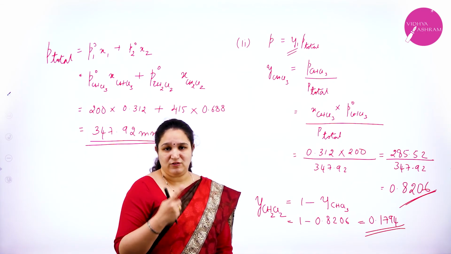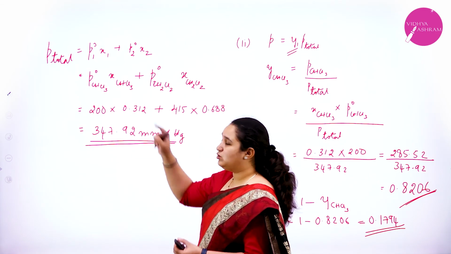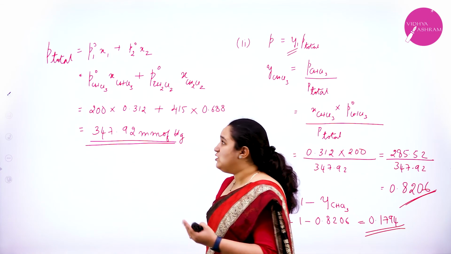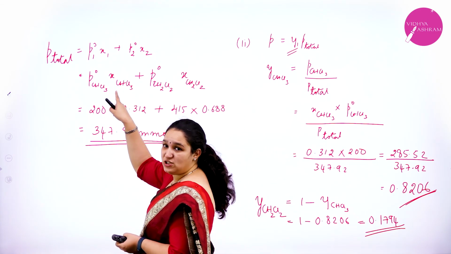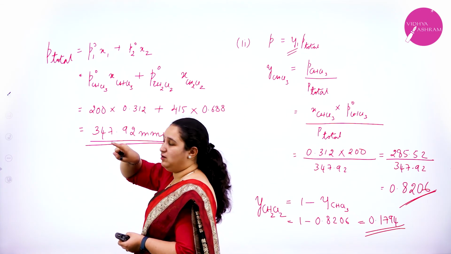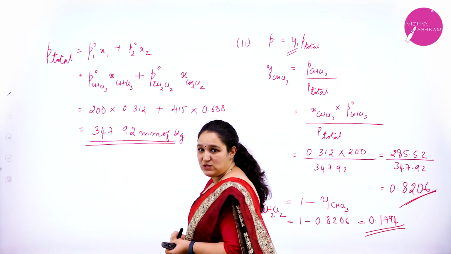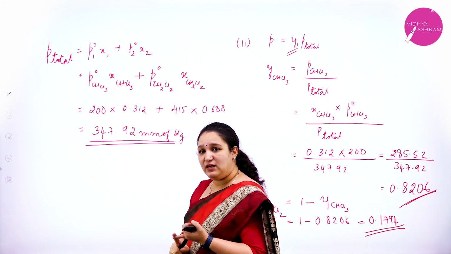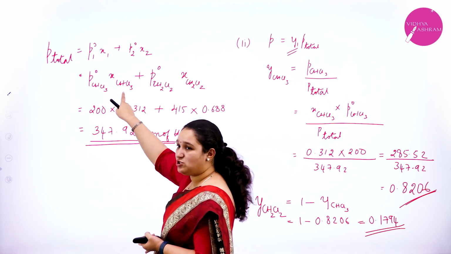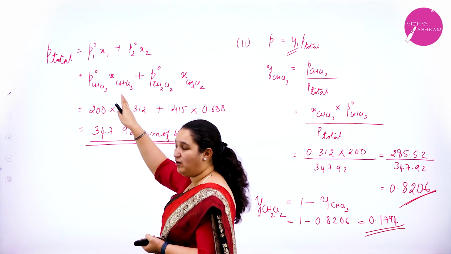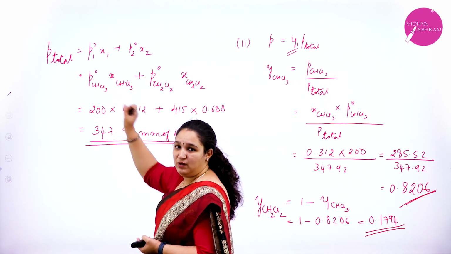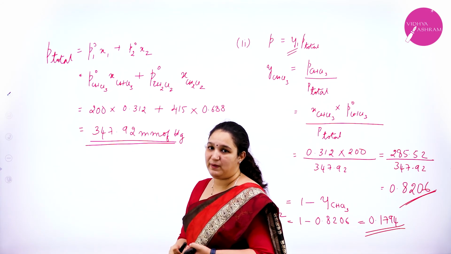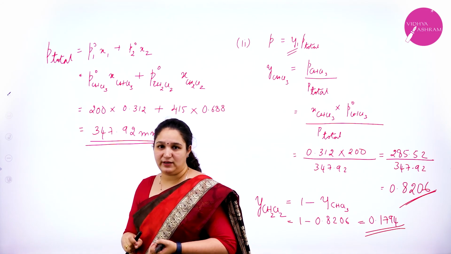There were two parts. First part, I had to find out the total pressure when dichloromethane and chloroform were mixed. So first we had to find the mole fraction, in which the mass of chloroform and dichloromethane was given. So mass by molecular mass, I got the number of moles. After getting the number of moles, I calculated the mole fraction of dichloromethane as well as chloroform. Then multiplying with the pure components' pressures, you get the total pressure as 347.92.